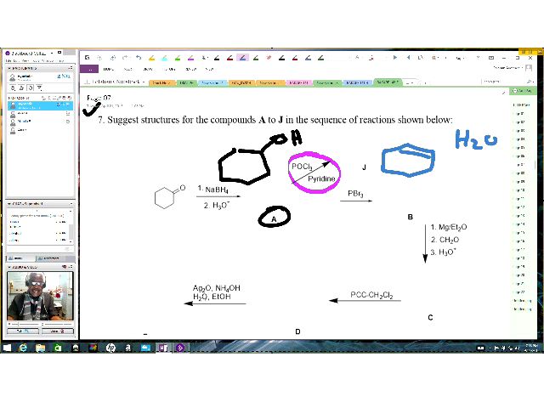Very good. They also told us to take compound A and react it with phosphorus tribromide. What does phosphorus tribromide do to a secondary alcohol? Anybody have an idea?